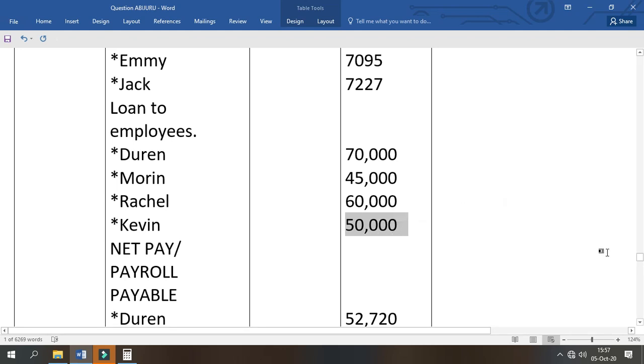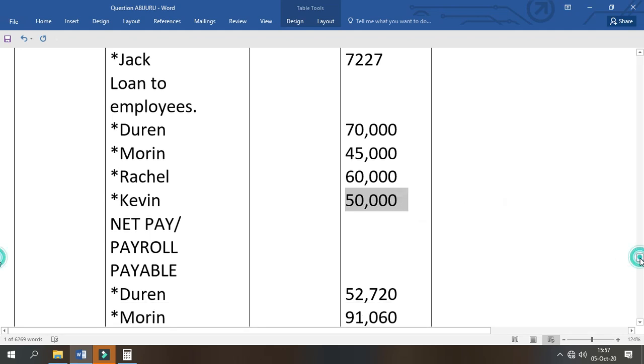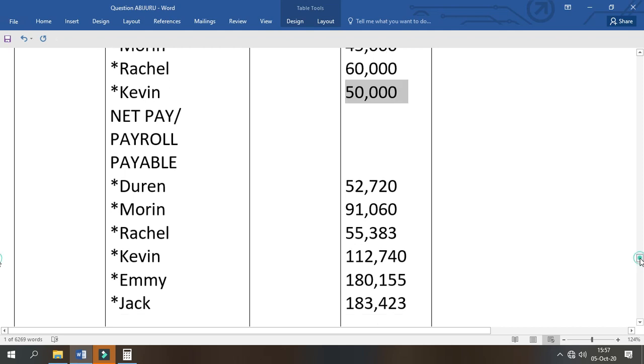So another account which we are going to credit is net pay or payroll payables.